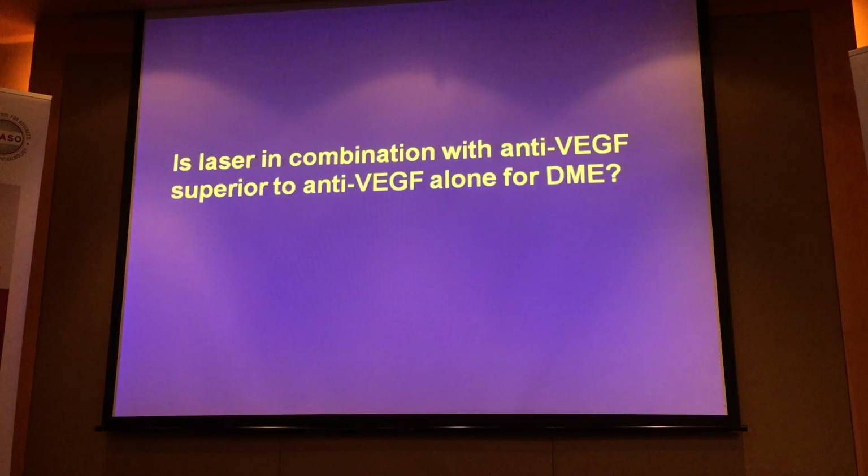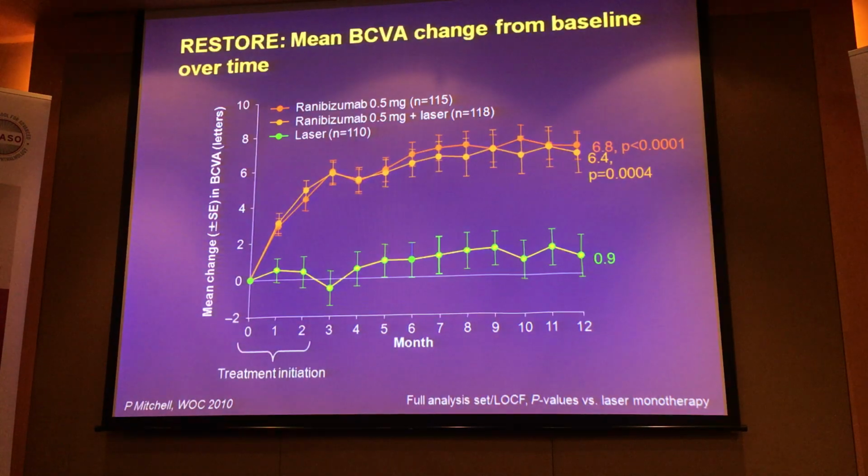The next question was, if I have the two, we know anti-VEGF is good, and we knew that laser was pretty good in terms of long-term stability, prevention of vision loss. What if we combine the two, right? Two doesn't mean better than one, unfortunately. If you look at RESTORE, and we also did a similar study called REVIEW in Asia, we found no advantage of adding laser immediately to anti-VEGF.